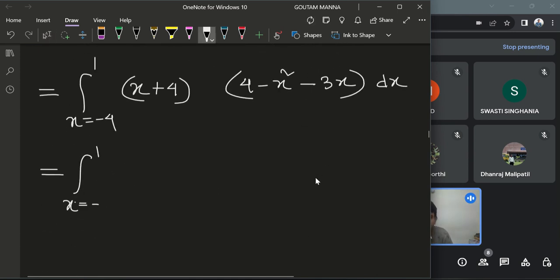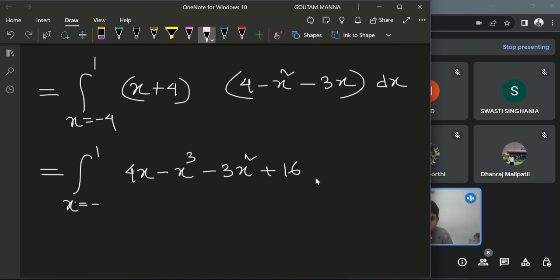So now if I do the multiplication, it will be 4x minus x cube minus 3x square plus 16 minus 4x square minus 12x dx.